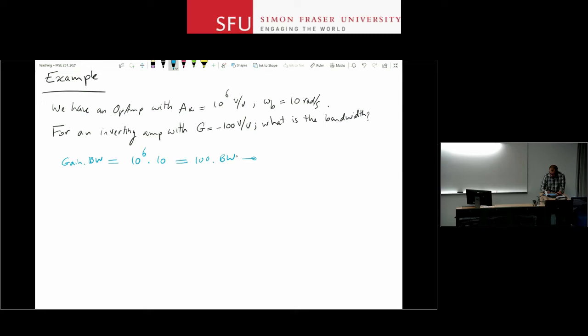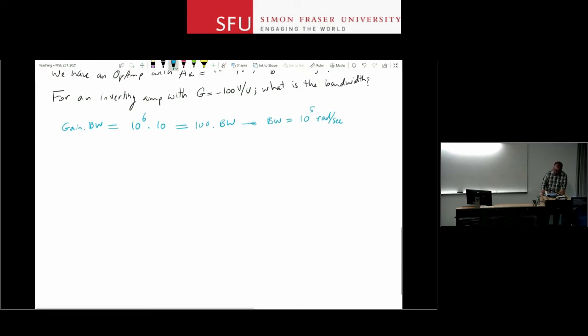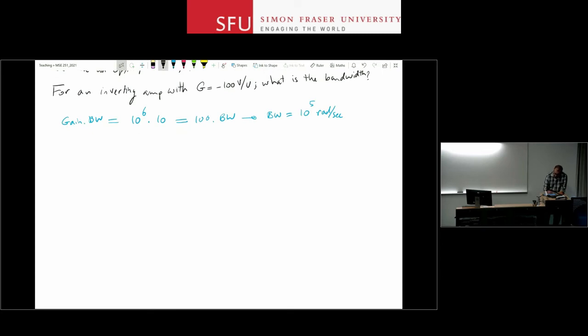So bandwidth is going to be 10 to the 7 divided by 100, so it's 10 to the 5 radians per second, which is about 15 kilohertz or so, right? So this amplifier has a gain bandwidth product of, let's say, 10 to the 7. For that kind of gain, you get a bandwidth of 10 to the 5 radians per second.